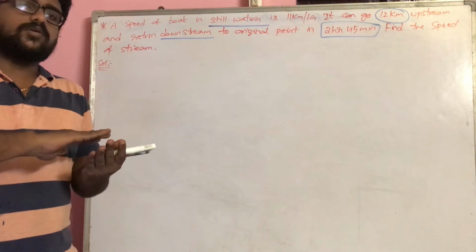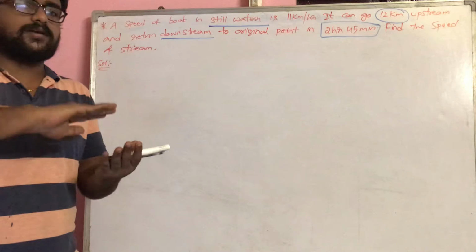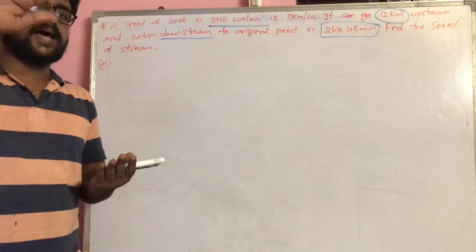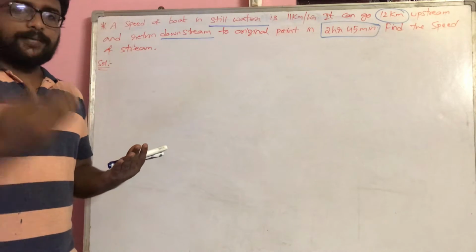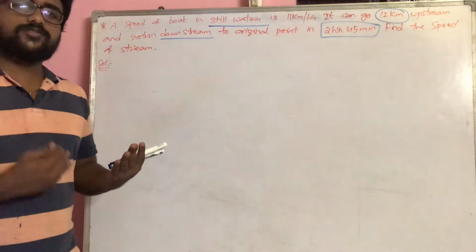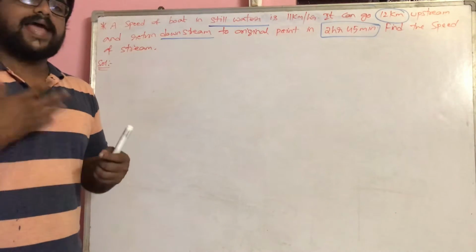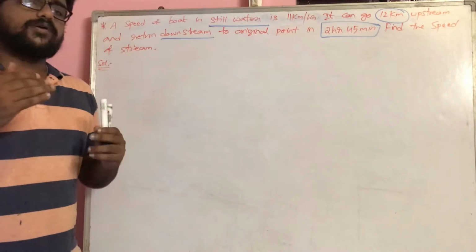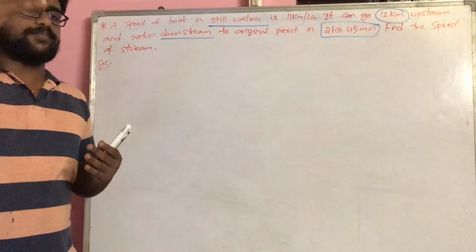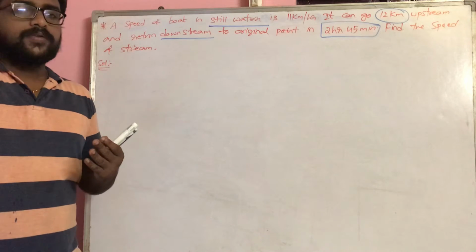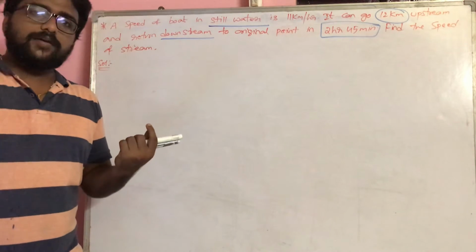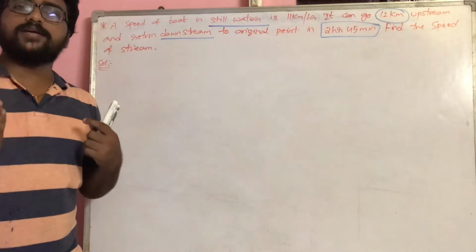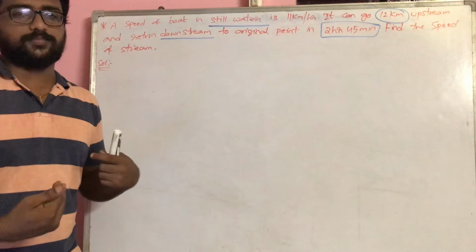When you are climbing, the road is slanting towards the higher side, so you have to increase your speed, and when you are coming down you can reduce your speed and you don't need to apply any acceleration at all. So when you are going upside, when the slope is high, obviously you should increase your speed. When you are coming down, you need not increase your speed, instead you can decrease it.